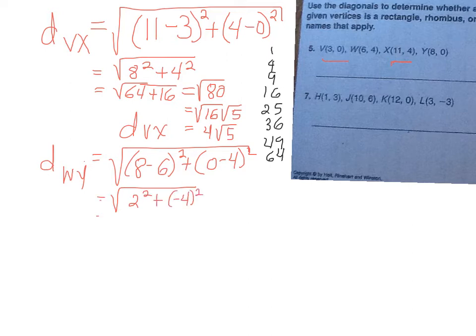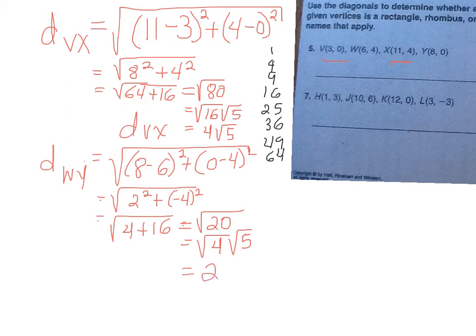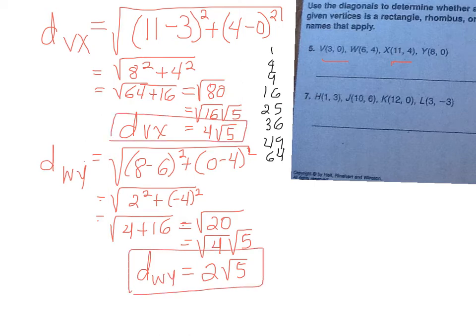When you simplify that, 2 squared is 4 plus 16 is square root of 20, and 20 is the same thing as square root of 4 times square root of 5, and that would be 2 square root of 5. So the distance of WY is 2 square root of 5, and from V to X is 4 square root of 5.